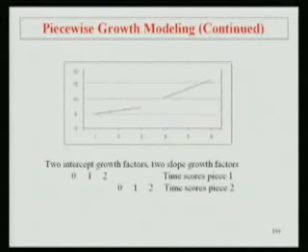And so in that situation, you really have two separate growth models. You would have two intercept growth factors and two slope growth factors. So you might have I1, S1, I2, S2, where S1 is represented by these time scores, and S2 by those. And we're also going to see a sequential growth model, I think, but I can't remember.